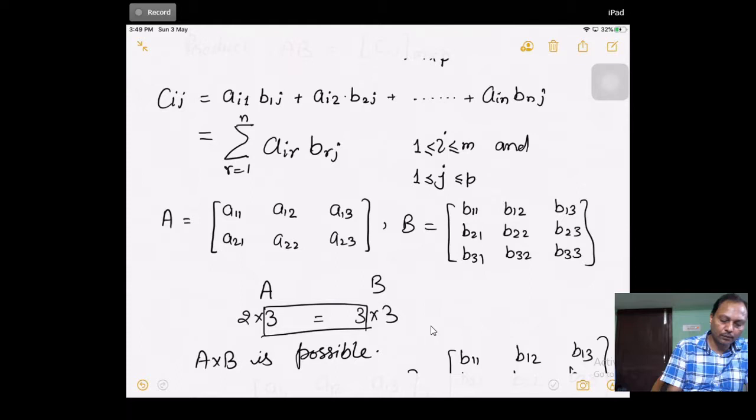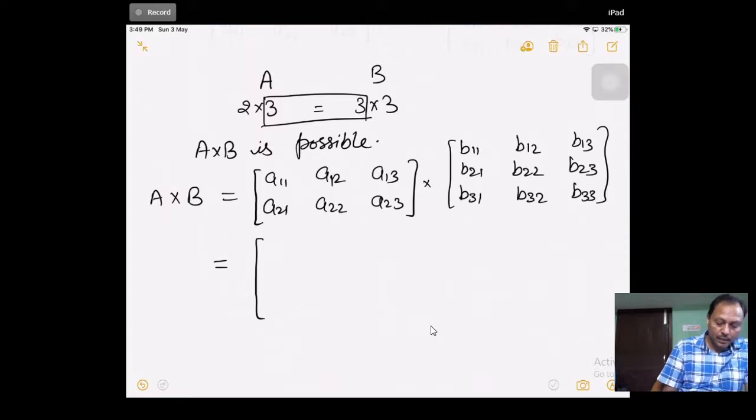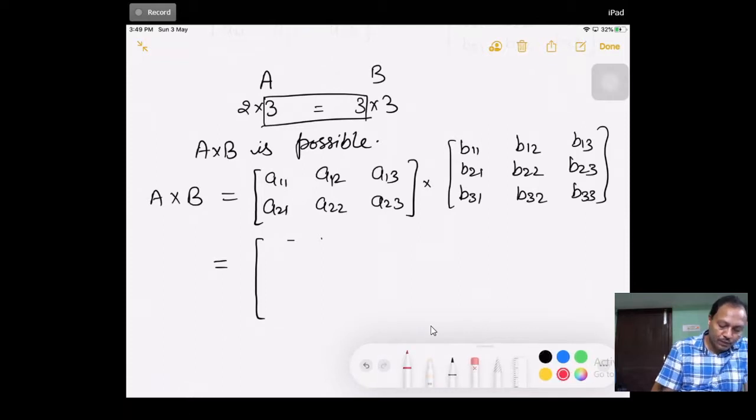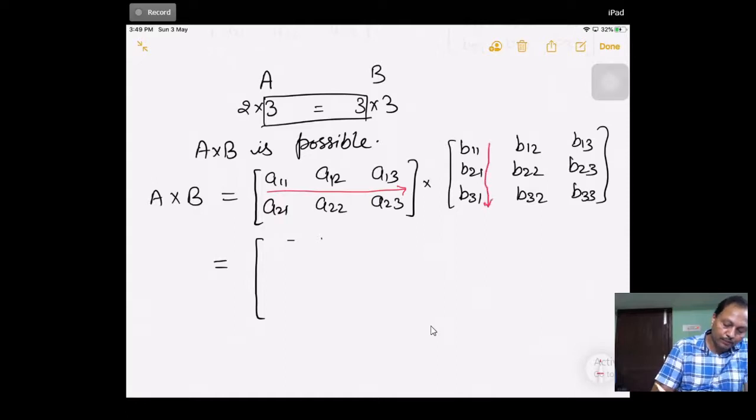The element at the first row and first column is A11 into B11 plus A12 into B21 plus A13 into B31.